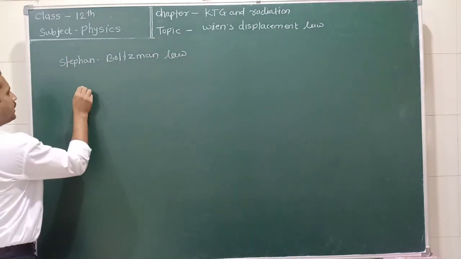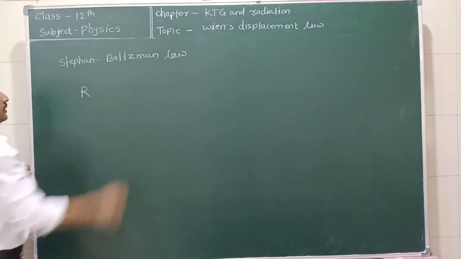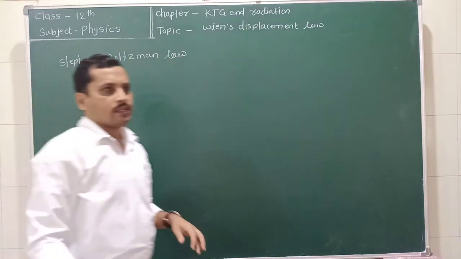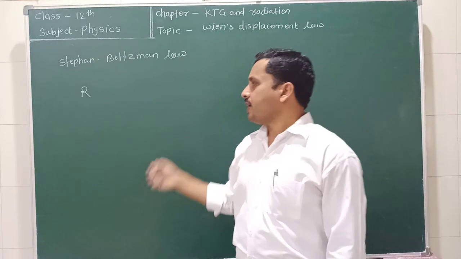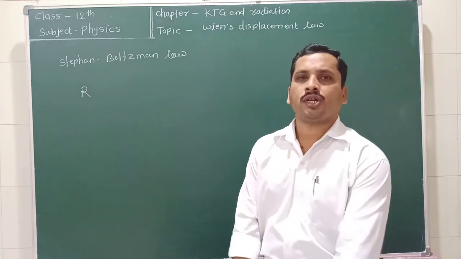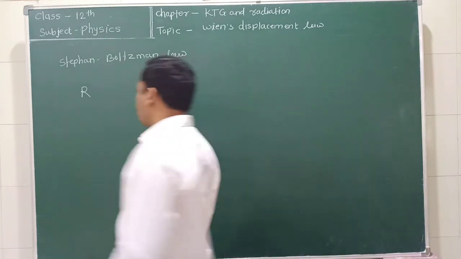The law states that the radiant power emitted is directly proportional to the fourth power of the absolute temperature.